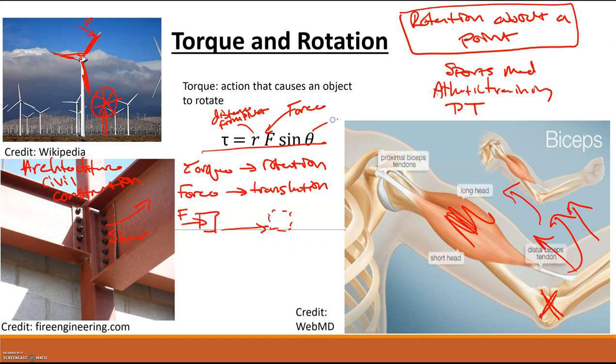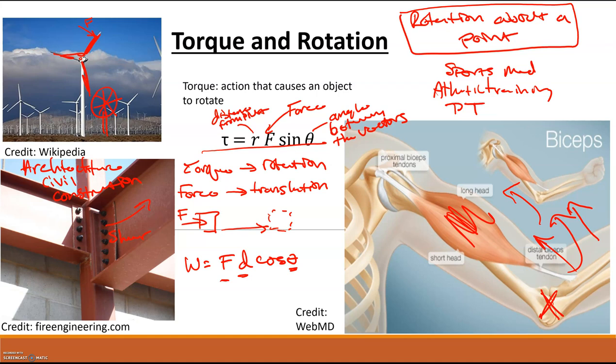And theta is the angle between the vectors. Much like where we had work is equal to F d cosine theta, where that theta is the angle between those two vectors, the same thing applies here, where that theta is the angle between the F and the R vector.